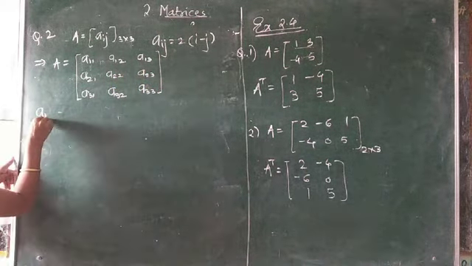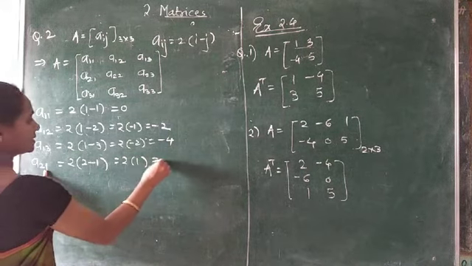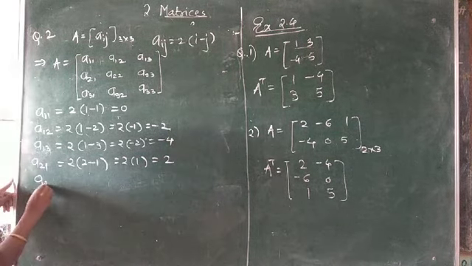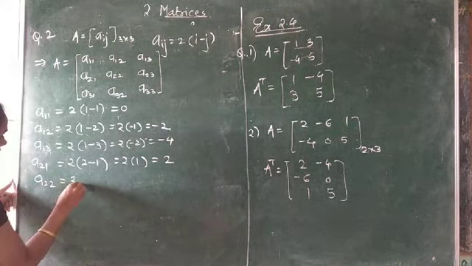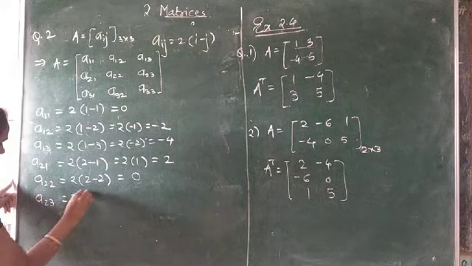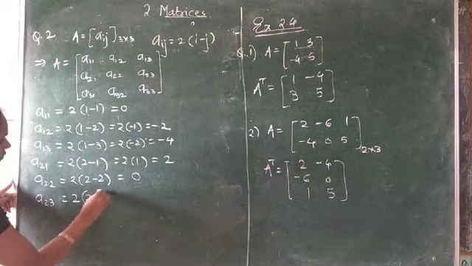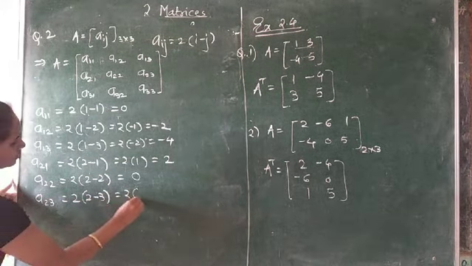Next, a21 is equal to 2 into (2 - 1), 2 into 1, it is 2. a22: 2 into (2 - 2), it is 0. a23: 2 into (2 - 3), 2 into -1 is equal to -2.